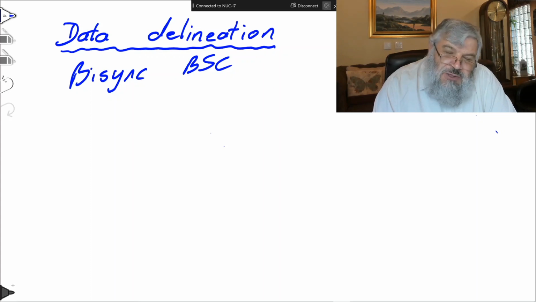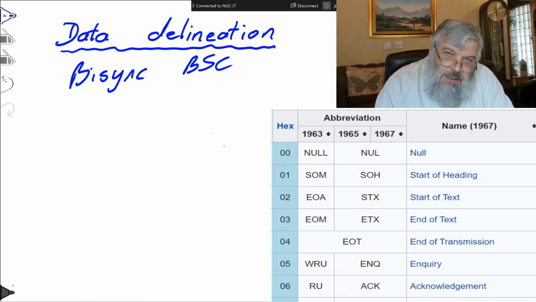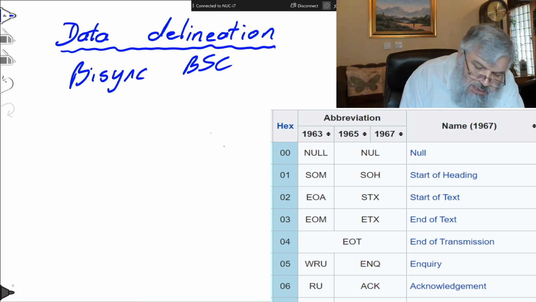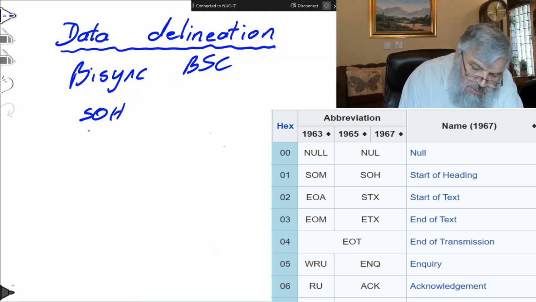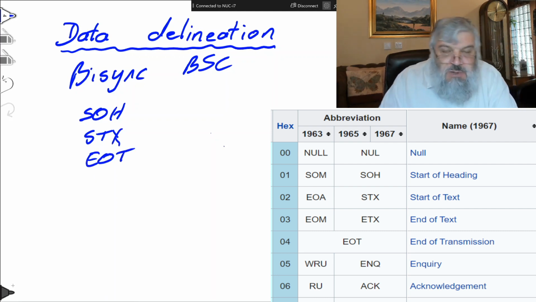Now, if you think back to what we saw when we looked at the ASCII table a while ago, there were some control characters included in the ASCII table. They included things like SOH, that was the start of header, and something like STX, the start of the text, and EOT, the end of transmission.